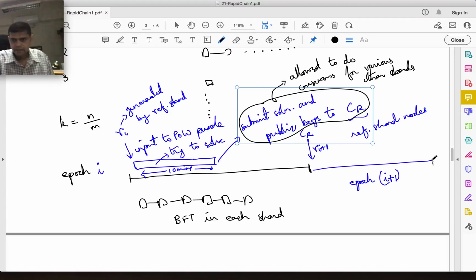And of course there are a few people who have submitted new public keys, and those would have to be assigned to some particular shards in some particular way. But this is the basic procedure. Every time a new random number is generated by the reference shard, that is fed to the POW puzzle, which is going to choose people who will do consensus in the next epoch.